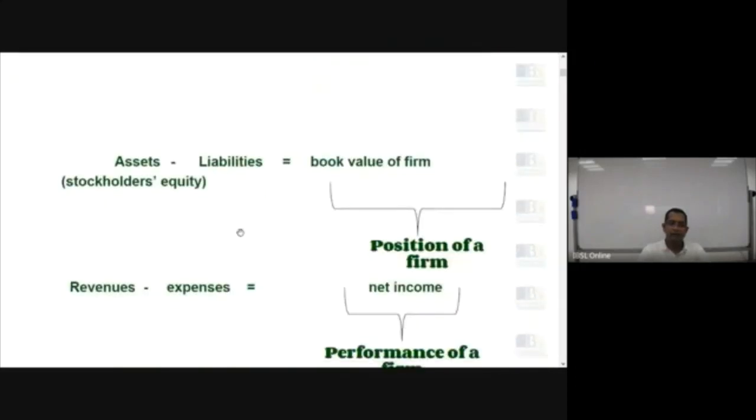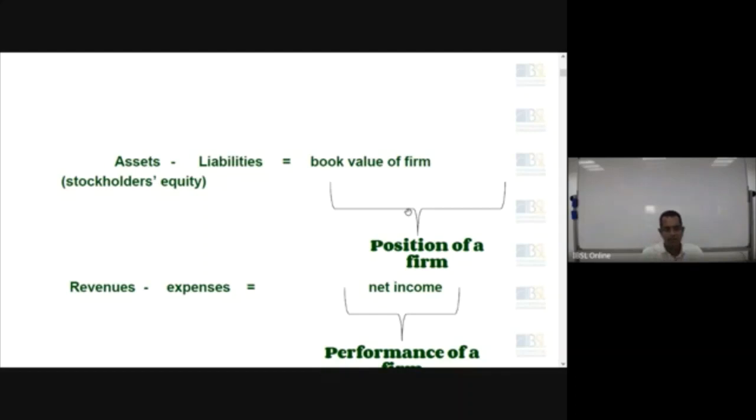These are the two main points, right? We have assets and liabilities. Asset minus liabilities is the book value of a company. This shareholder equity should come below the book value of the firm, which is called the financial position of a firm.